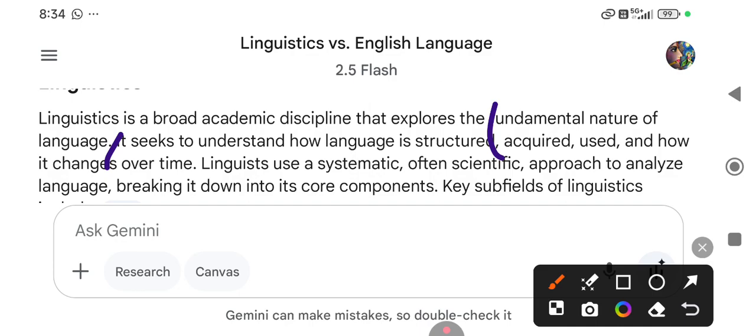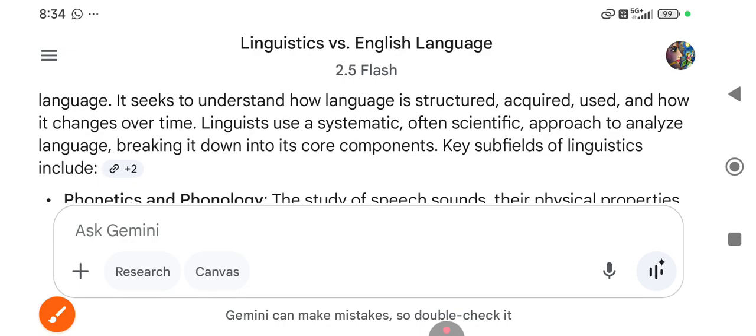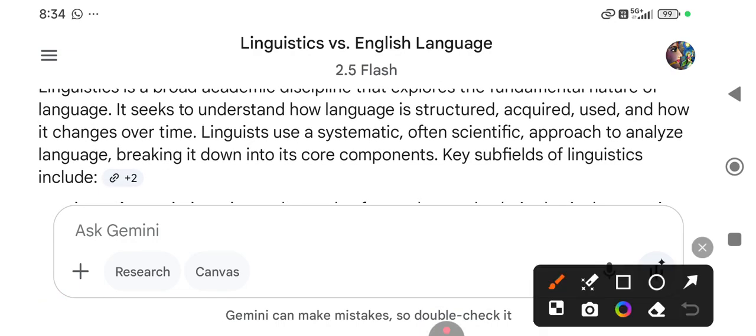This thorough study comes under linguistics, and it seeks to understand how language is structured. In linguistics, we study how language is structured, acquired and used, and how it changes over time.